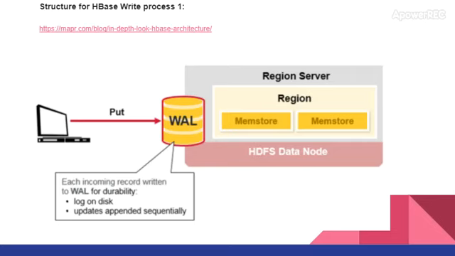So the first step during the write process is that HBase will insert the data in the write ahead log. Of course, it will be a sequential process. Otherwise you cannot find out how to pull the actual record in case of any problem.